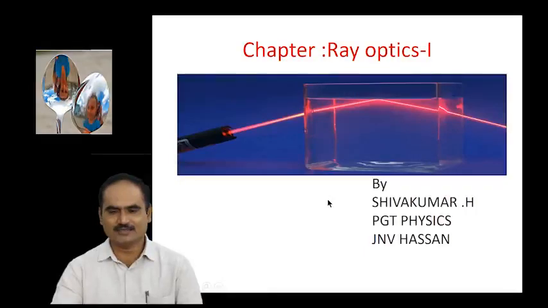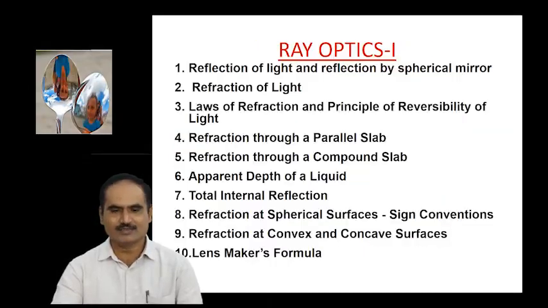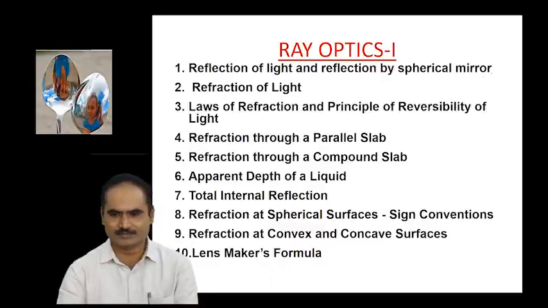Right? After this, let us see what we are going to learn in this chapter. We are going to learn about reflection of light, reflection of light by spherical mirrors, and refraction of light. Then laws of refraction and the principle of reversibility of light.